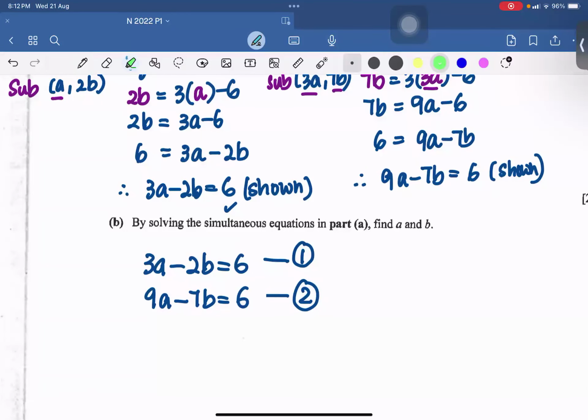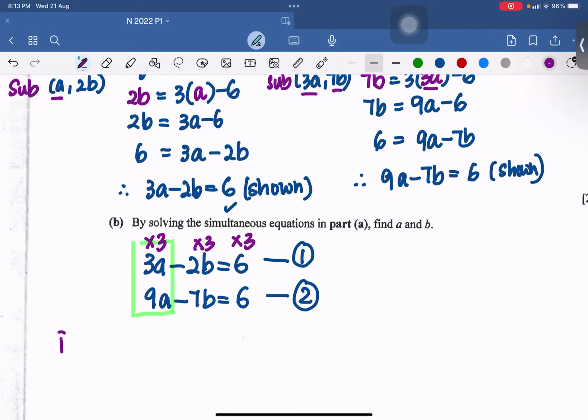So what I notice over here, hey, 3a and 9a can have an LCM. And I just need to multiply one time, right? What can I multiply to make them the same number of units? Times 3. Times 3, equation 1, right? So I'm going to do equation 1 times 3.